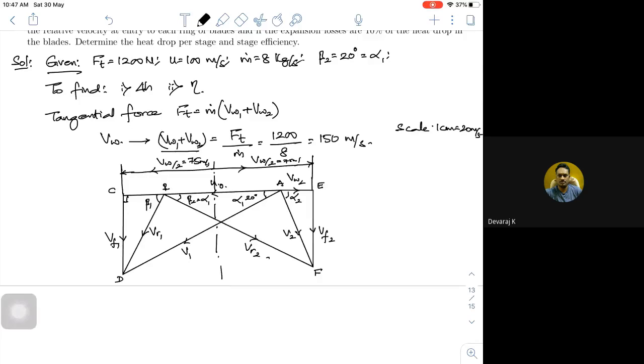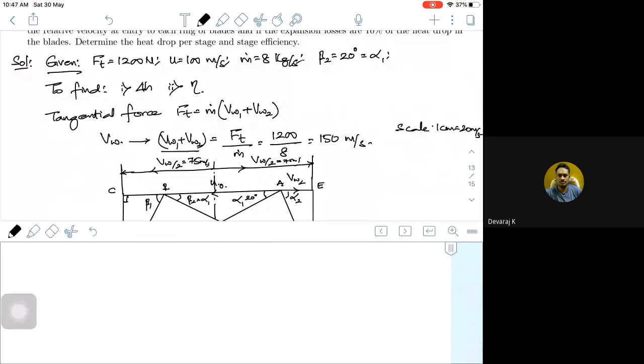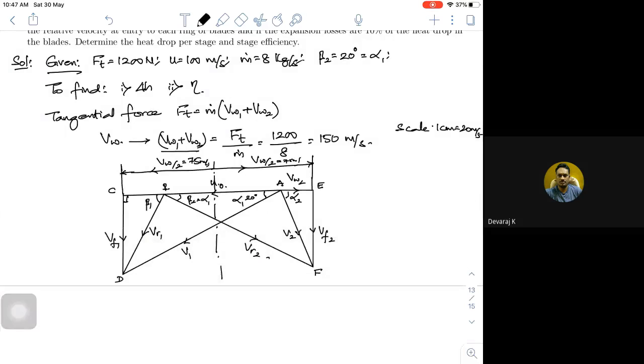From the midpoint O, you take 75 meters per second to the left side, 75 to the right hand side on the scale. Then get the points C and E. Then draw a perpendicular line to that. So you draw a perpendicular line, it will intersect at D.